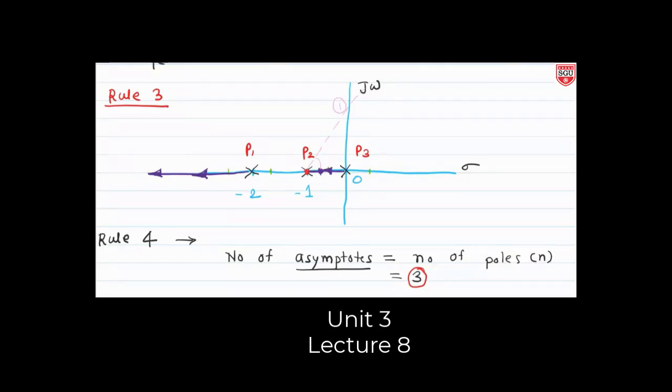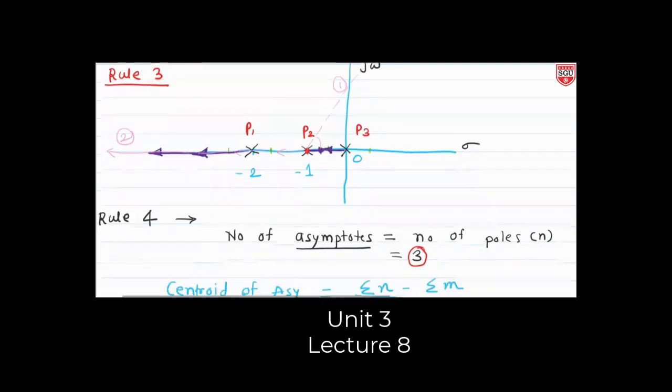Then what is the next angle? 180 degree. 180 degree angle will be where? It is along this line. This is the second asymptote. And 300, we are measuring always in this direction. This is 180.